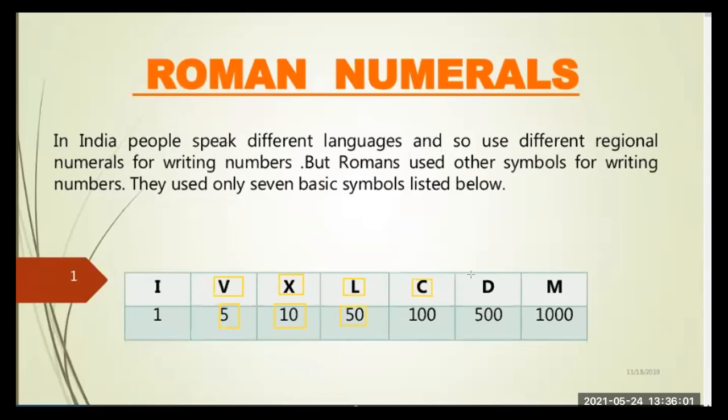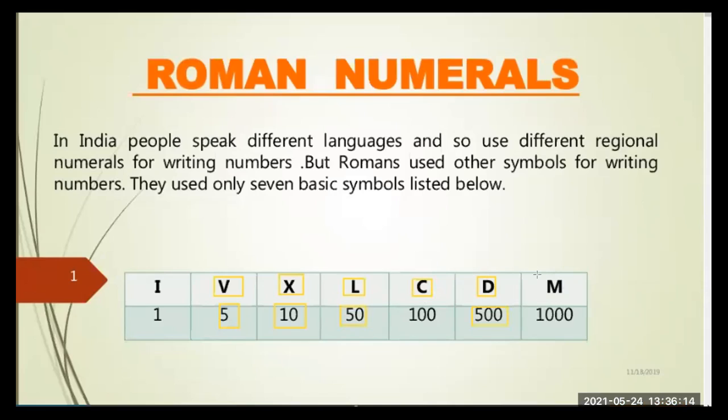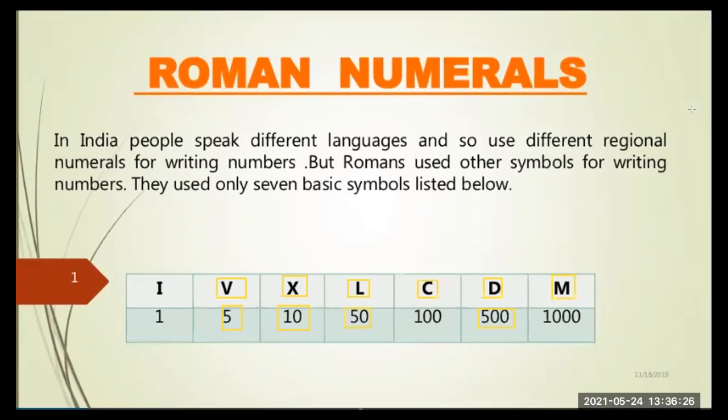Next, if we write D, that means we'll denote 500. At last, you can see on your screen, the last one is M. M means 1000. Okay.